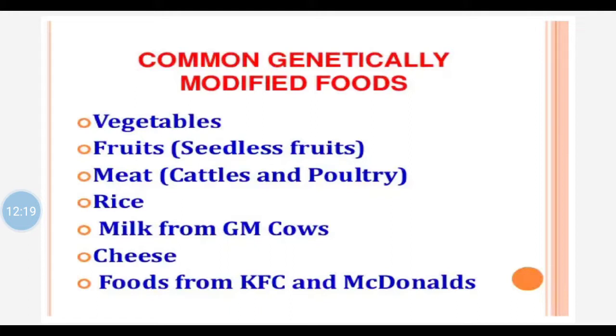Now the same thing is possible in meat also, cattle, poultry farm. Nowadays there is a huge production of eggs. Then rice, milk from GM cows, cheese, and foods from KFC and McDonald's also are genetically modified foods.